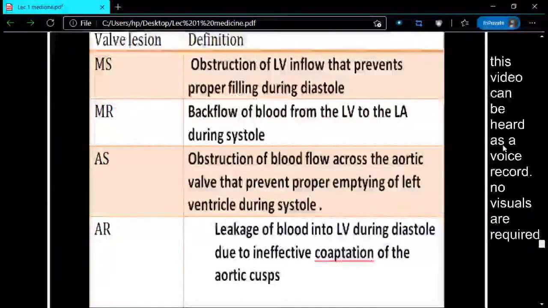MS is obstruction of inflow, which prevents filling, only of the left ventricle.